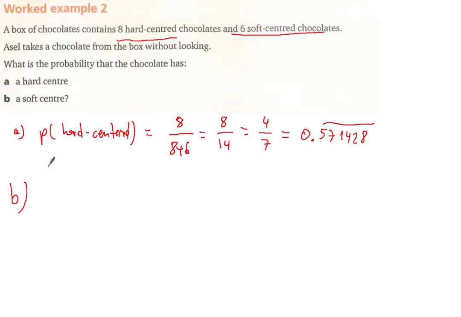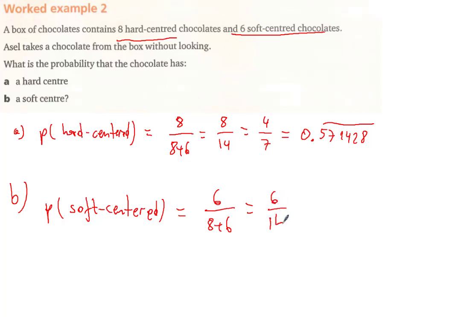Under B, the second part of the question is a soft-centered. Well, it will be totally the same, just now we change this one to soft-centered chocolates. The probability of being a soft-centered chocolate will be 6 over 8 plus 6 again, and that is 6 over 14, which actually is 3 over 7.